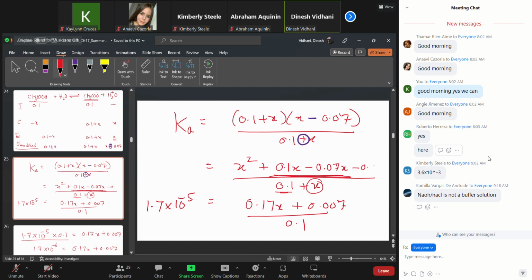Can you now solve it for me? That way, now this value will change. Can you write down for me, guys? Because now I'm going to assume that X squared is too small. I can ignore it. Now, can you do it for me, guys? Can you tell what you're getting?